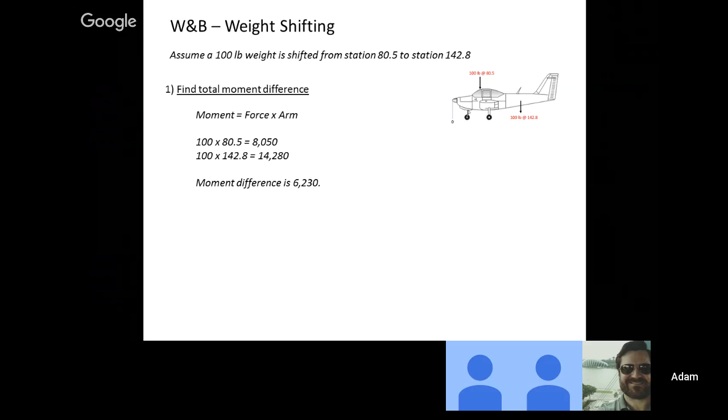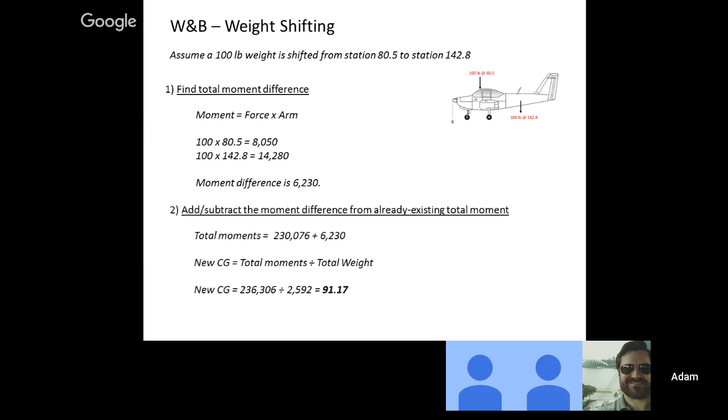And in this particular example, that number's 6230 inch pounds. And the final step is we're going to take that moment difference, and we're going to add or subtract it to the already existing moment.